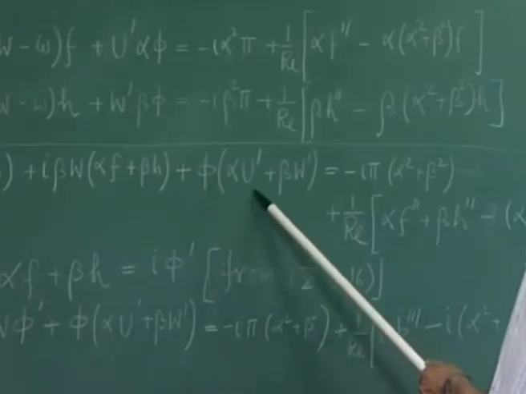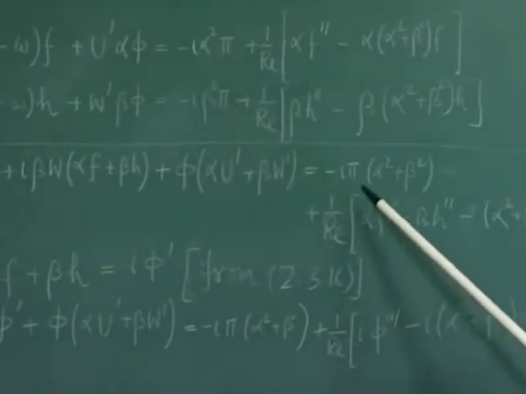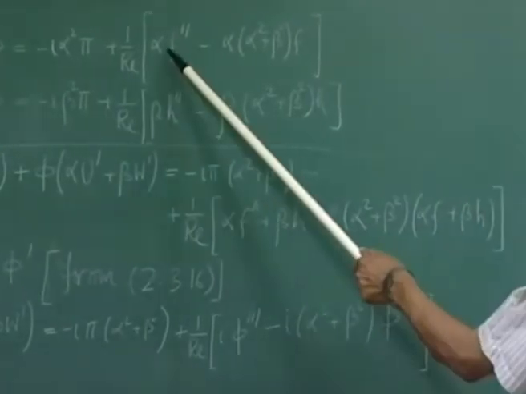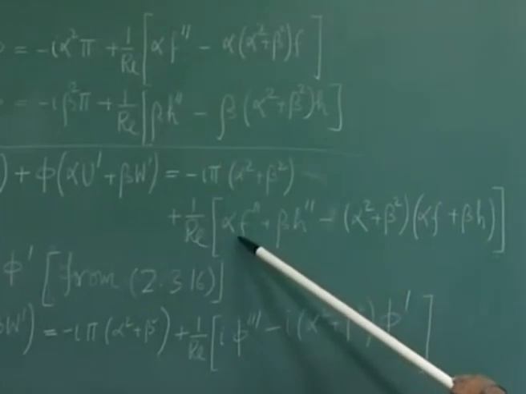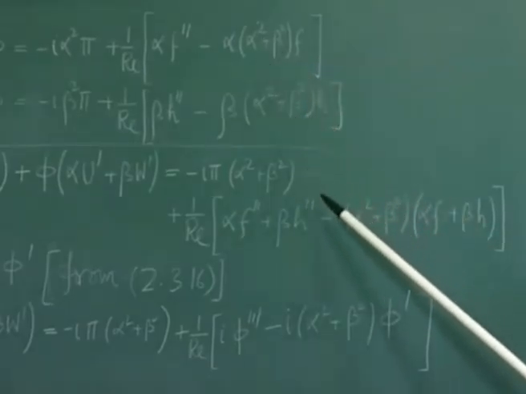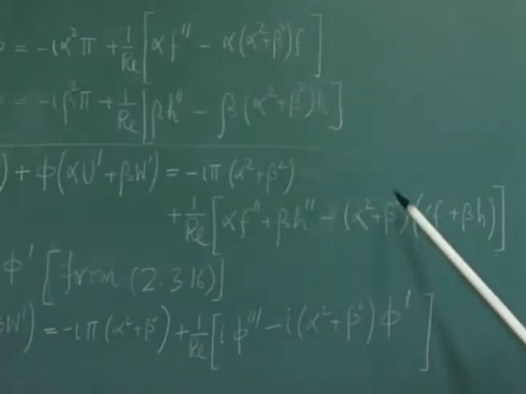We keep it as it is, and the pressure term gives us minus i pi into alpha square plus beta square. The diffusion terms also we can write in this form, alpha f double prime plus beta h double prime, and from here when we take alpha square and beta square common, inside we get alpha f plus beta h.